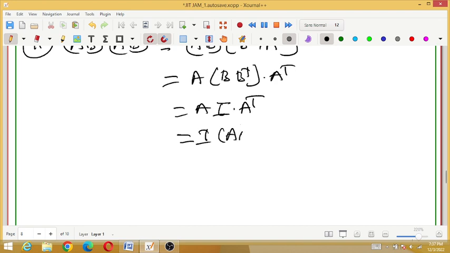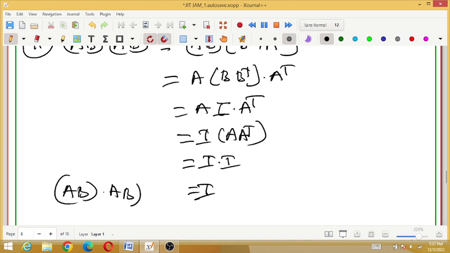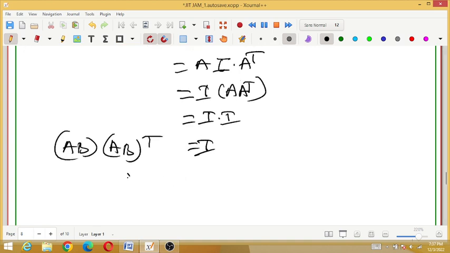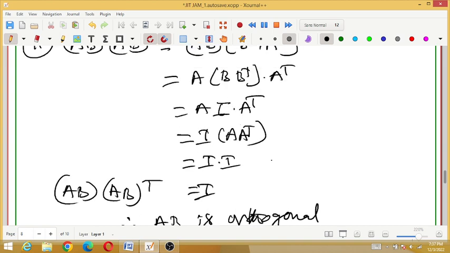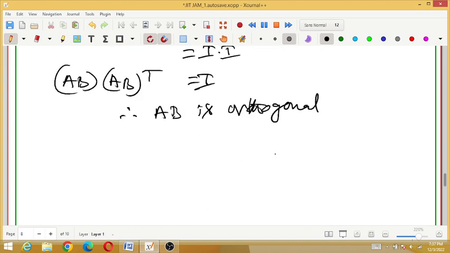This A into A transpose is nothing but I, so I into I is equal to I. Therefore AB into AB whole transpose is equal to I. So if two matrices are orthogonal, their product is also orthogonal. So AB is orthogonal, property satisfied.